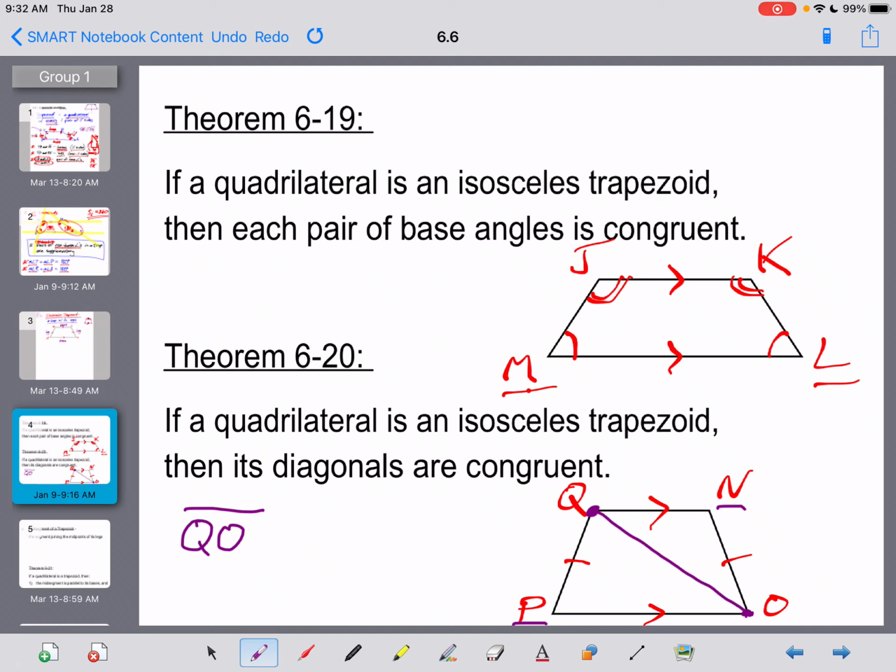The other diagonal would connect the only two points here that are not already connected, which would be P and N. Those two segments right there are exactly the same length. So we would say that diagonal QO is congruent to diagonal PN. That, again, is because of this symmetry property of an isosceles trapezoid.